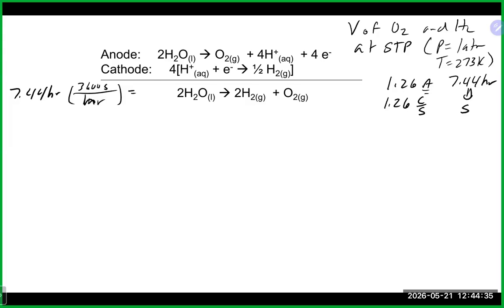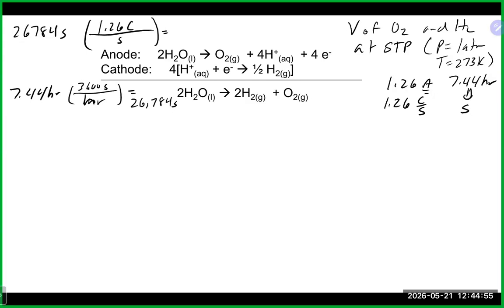And we'll end up with 26,784 seconds. We could use both of those together, just like we did in the previous one, to get our coulombs. So 26,784 seconds times 1.26 coulombs per second.